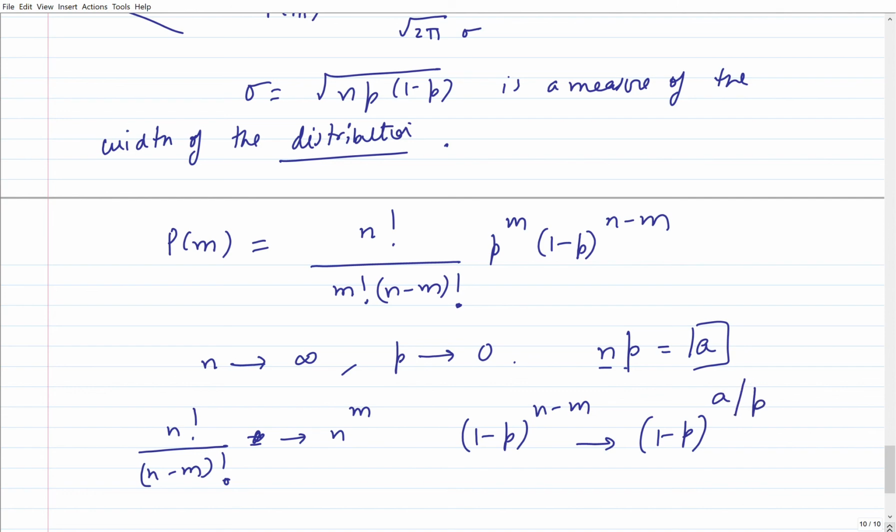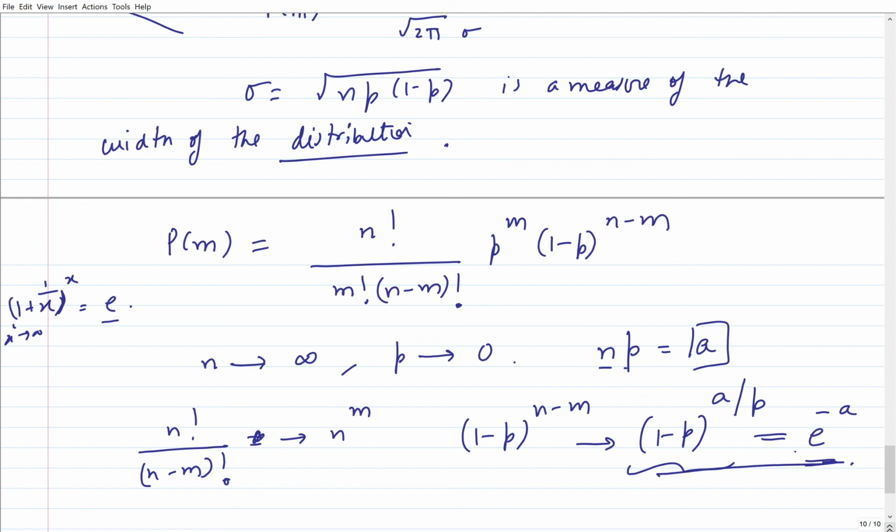and that is going to be nothing but e to the power of minus a. Remember the limit, how you take the limit of this thing, 1 plus 1 by x to the power of x, as x goes to infinity, that goes to e.